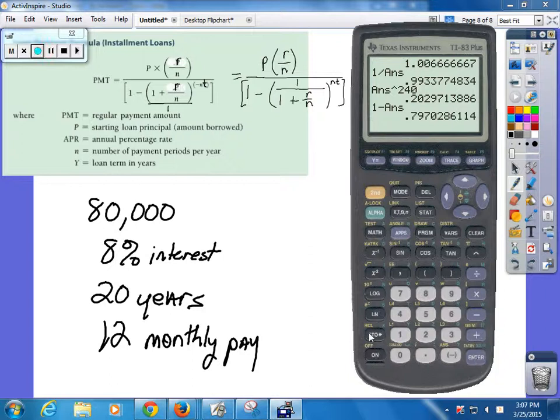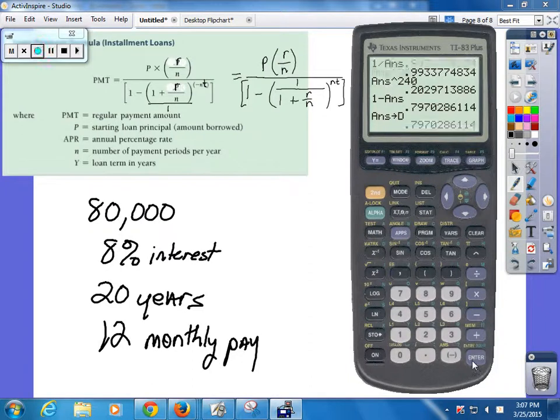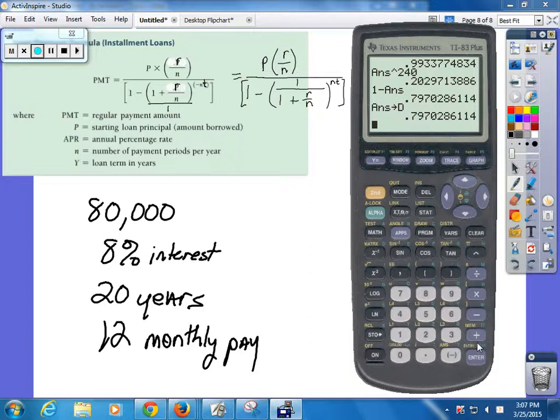So, STO, alpha D, and let's do the numerator. So that's 80,000 times, parentheses, 0.08 divided by 12. Oops. Supposed to be a parenthesis there.